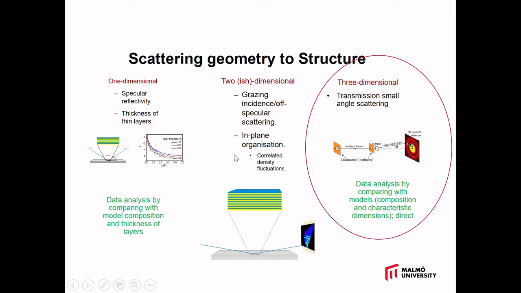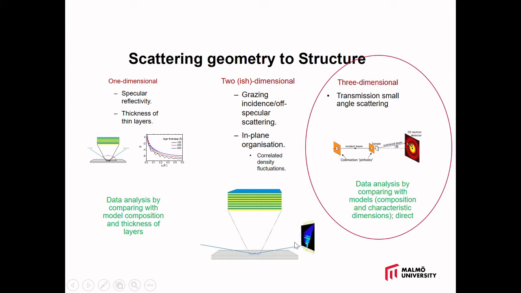We'll have a separate lecture on this, but I'll just talk about this briefly. So the samples for specular reflectivity and grazing incidence are fairly similar. We have an incoming beam, and in this case the angle of the incoming beam is fixed, and we have an area detector at the side.